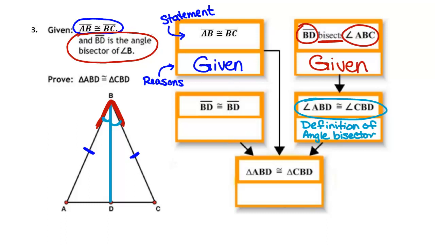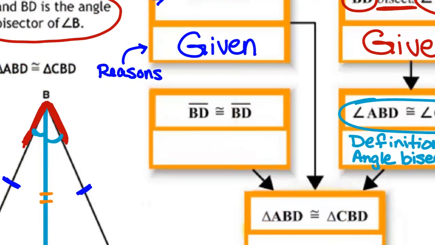I got this guy hanging out here. BD is congruent to BD. Why are they allowed to say that? Reflexive property. That's our shared side.